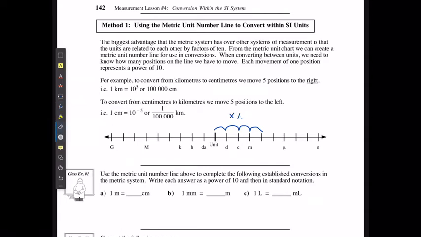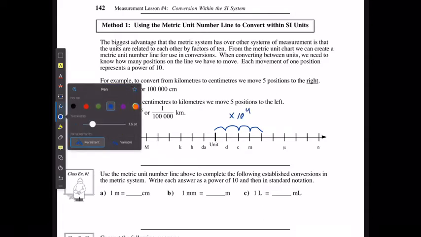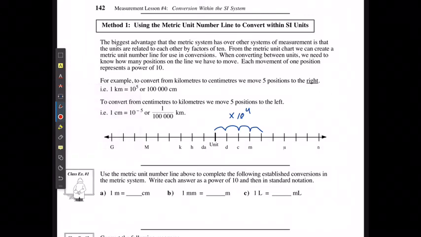So in this case, if I went from this unit to this unit, then I would have to go times 10 to the power of 4. Or if I'm moving to the left, I'm going to do negative units because I'm moving to the left. So if I went from this unit to this unit, I had to do 3 moves to the left, so I'd say that it's whatever the original unit was times 10 to the negative 3.